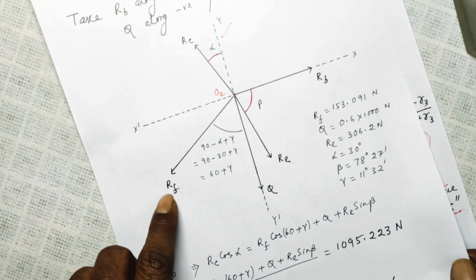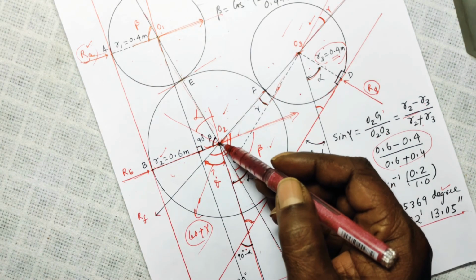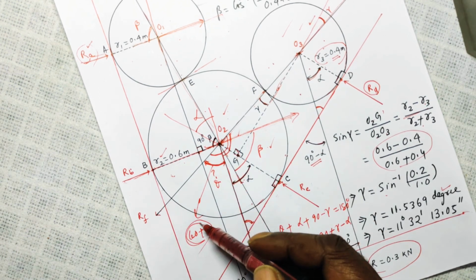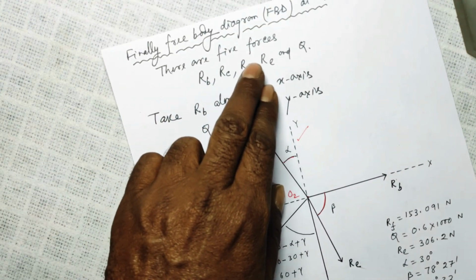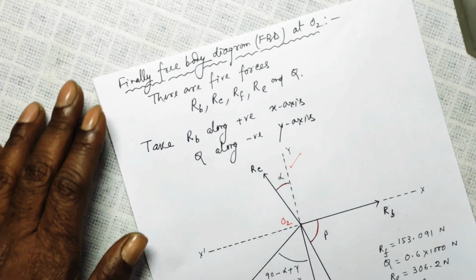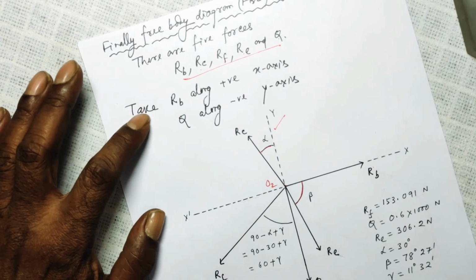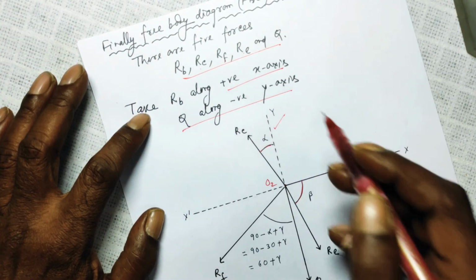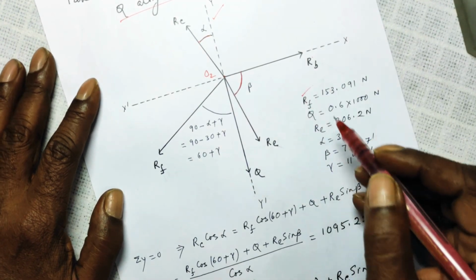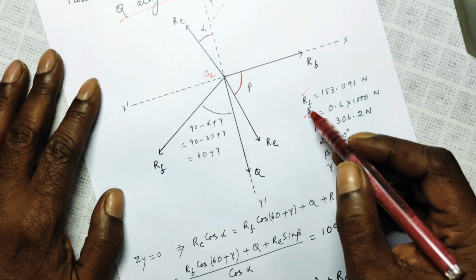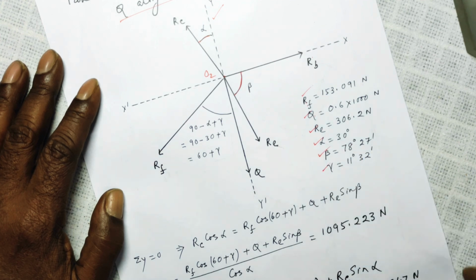Then I just explained how this angle is 60 plus gamma. That is RF, making angle 60 plus gamma. Then it is easy. Now there are 5 forces for the free body diagram at O2: RB, RC, RF, RE and Q. Take RB along positive x-axis and Q along negative y-axis. So the diagram is drawn. Now it is simple. RF is known, Q is known, RE is found out, alpha is known, beta was found out, gamma was also found out.